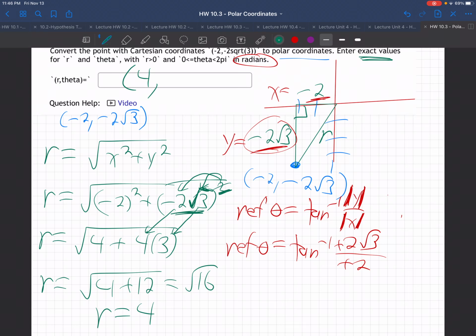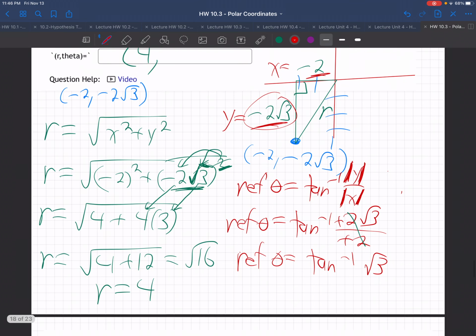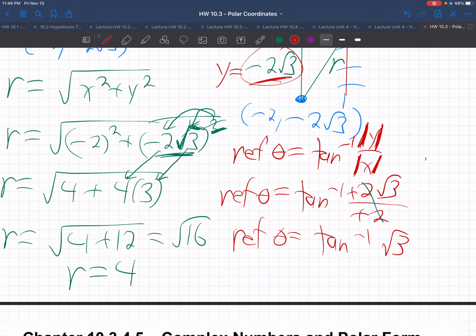And then you can tell what happens here. These 2's cancel. So the reference theta is inverse tangent of the square root of 3. Hit the buttons on your calculator and let's see what we get.